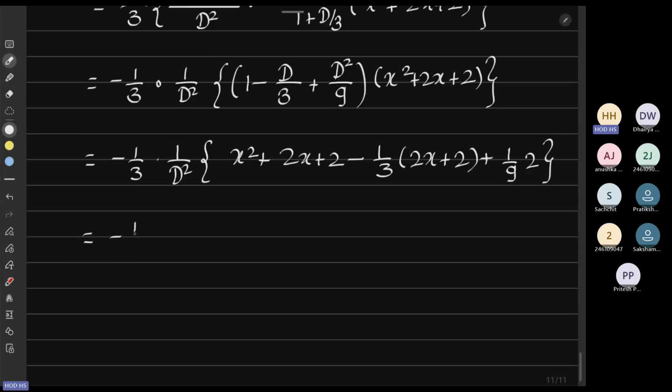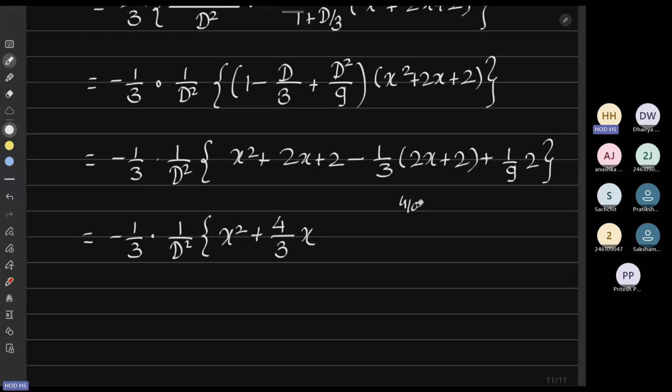So this can be written as minus 1 by 3, minus 2 by 3 will be plus 4 by 3 x, then minus 2 by 3 again, 4 by 6, 4 by 3, and plus 2 by 9.